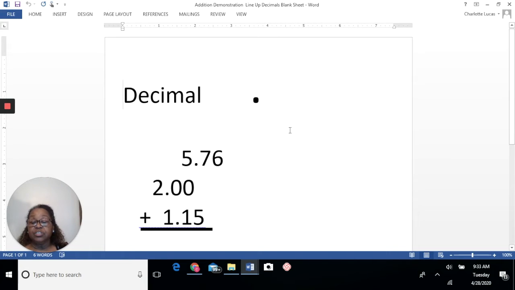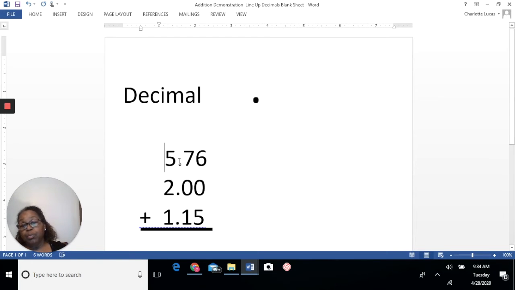The most important thing when we're adding money is that decimal point. When you're lining up your numbers, all the decimal points have to be lined up together. So for instance, we wouldn't be able to add this because the decimal points are not all together. The decimal points are all in different directions. We would have to make sure that the decimals line up.